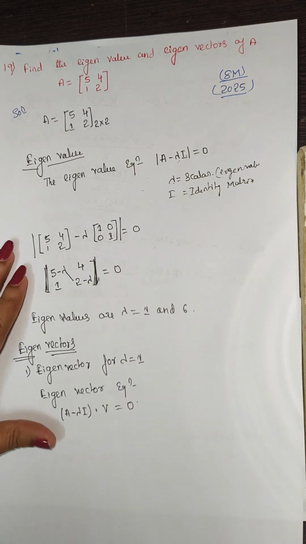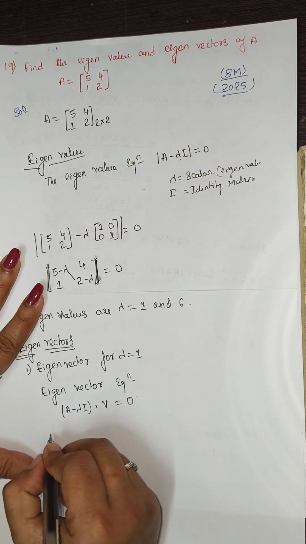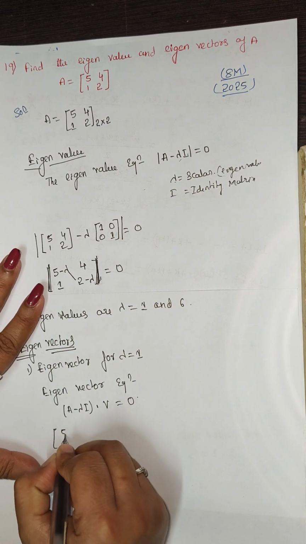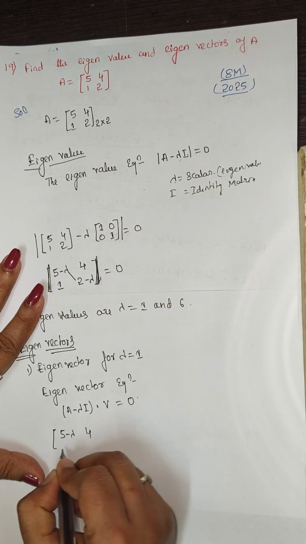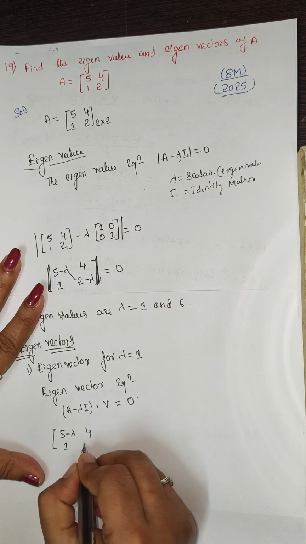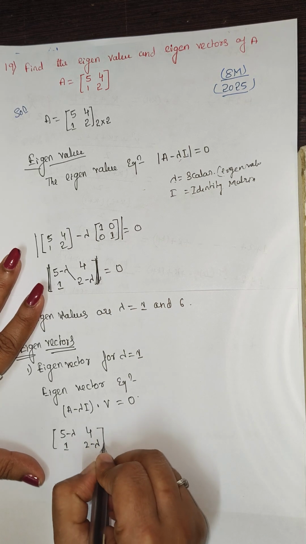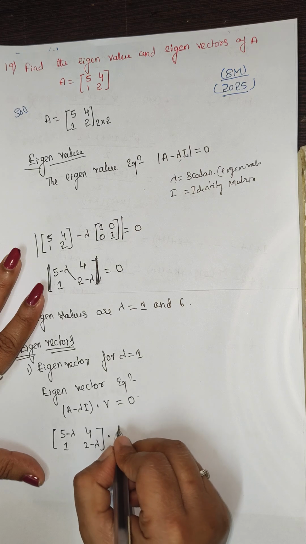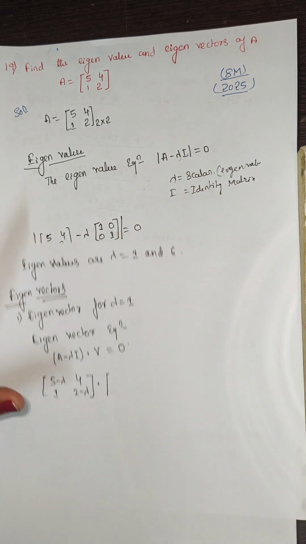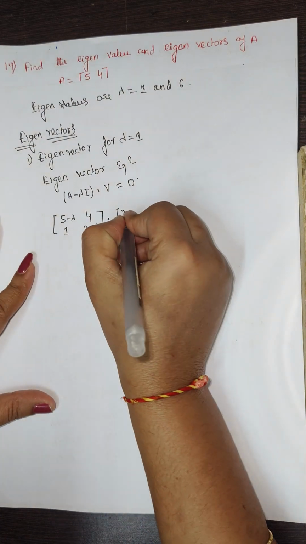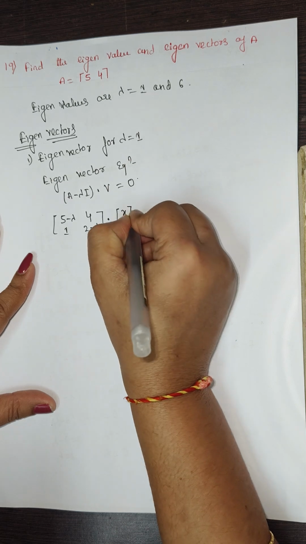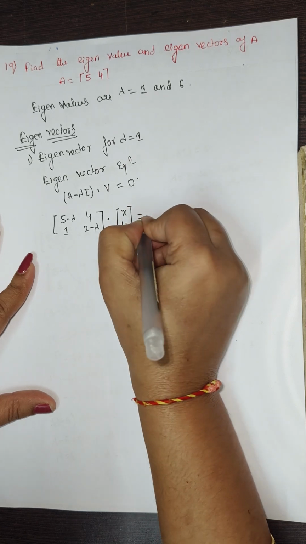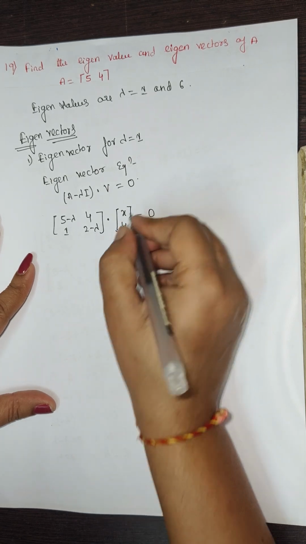What is that A minus lambda I? I will write it here: 5 minus lambda, 4, 1, 2 minus lambda, into V. V means it is a column matrix, the eigenvector x, y, equals 0.